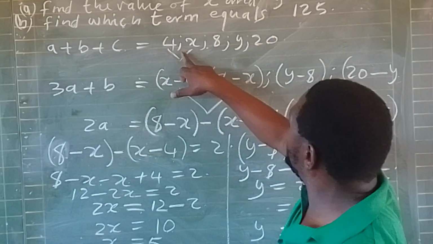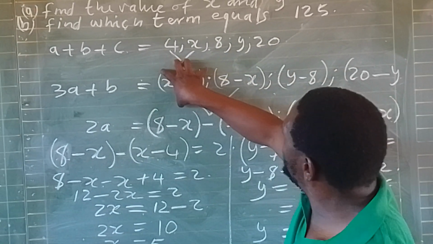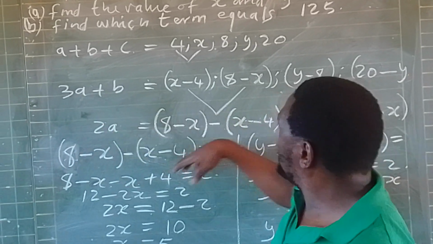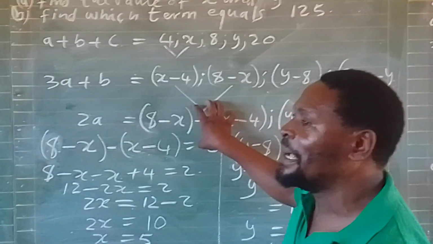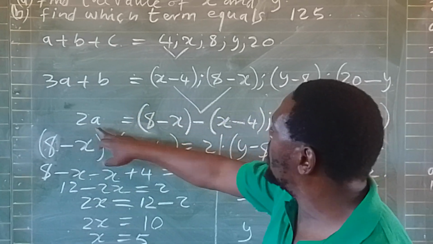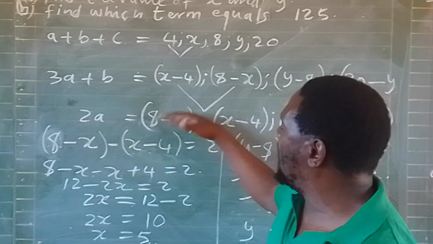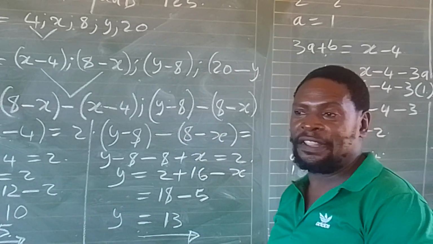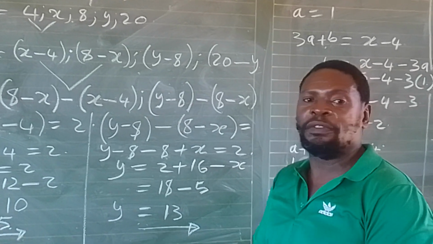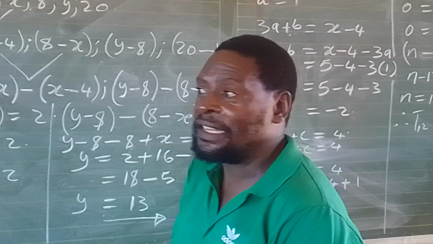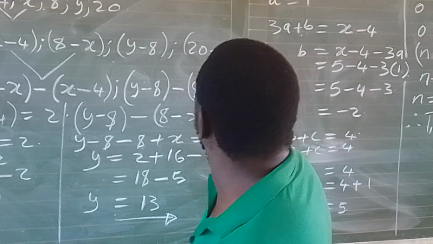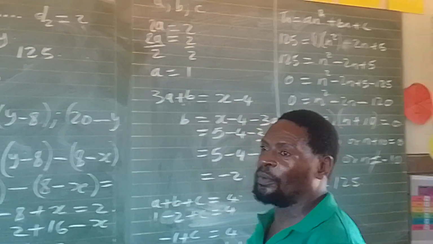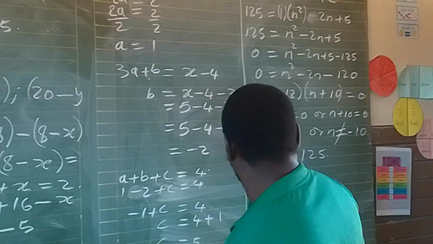Then the difference of this, the first number that you get, you equate it to 3A plus B. Then the last, which is the second difference, you equate it to 2A, then you find the value of A, B, and C, then you calculate everything. Or you find the variable first that is required, then you come and find the value of A, B, and C, then everything will fall into place.